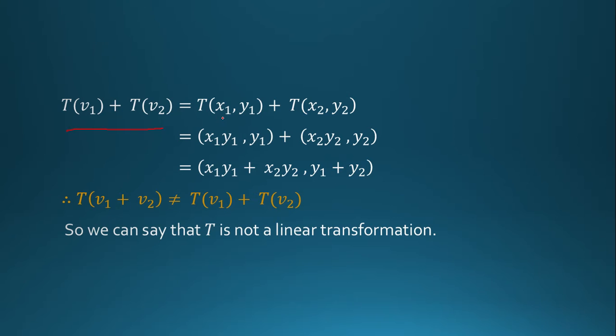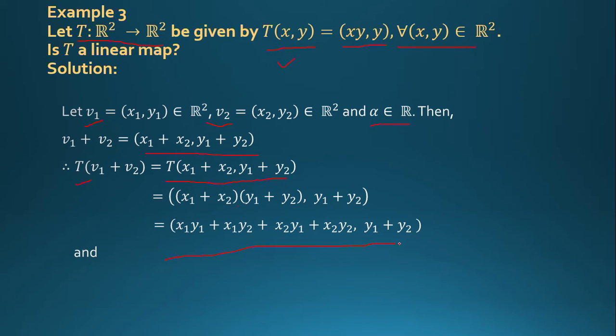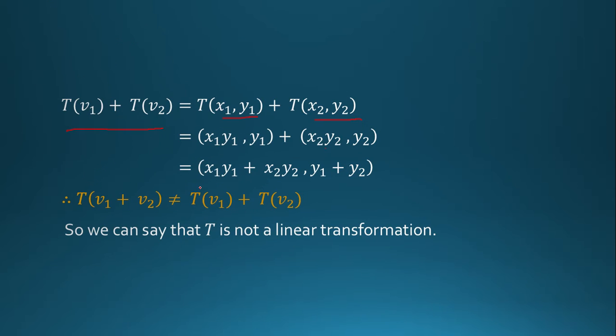So T of v1 is equal to (x1 y1, y1), and T of v2 is equal to (x2 y2, y2). So by the definition, (x1 into y1, y1), (x2 into y2, y2). So now adding both, (x1 y1 plus x2 y2, y1 plus y2). Both are not equal, because here we get this value and here we get this, so both are not equal. So T is not a linear transformation.